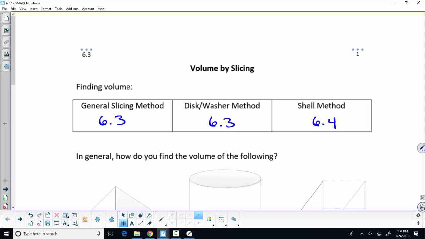So these are all volumes that are generated. We start with the general slicing method because how we obtain a volume with this method plays right into the disc and shell method, or the washer and the shell method.